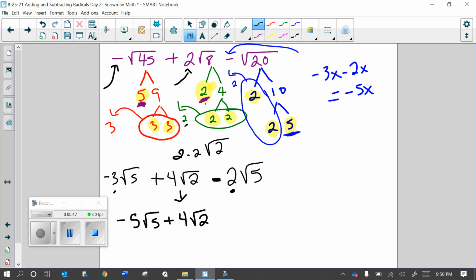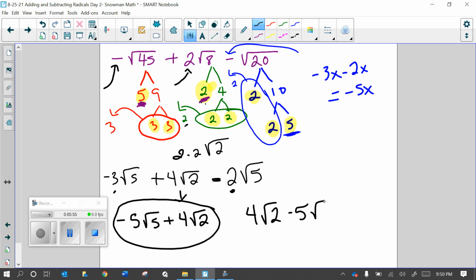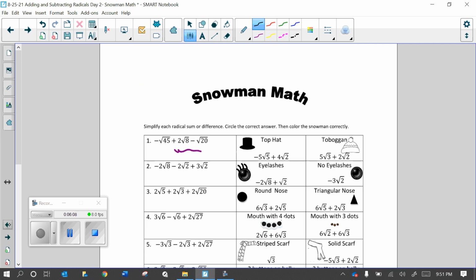And you're done. Now, if you were to get this answer, let's say you were to get 4 square root 2 minus 5 square root 5, that is the same thing. It's just in a different order. Exact same thing, so this is okay too. So let's go back to our snowman activity. Looks like this is the answer.